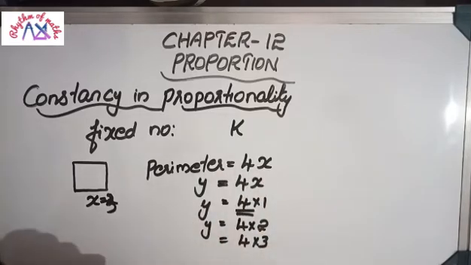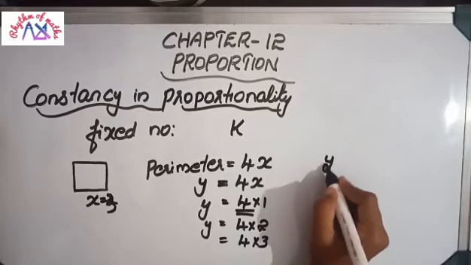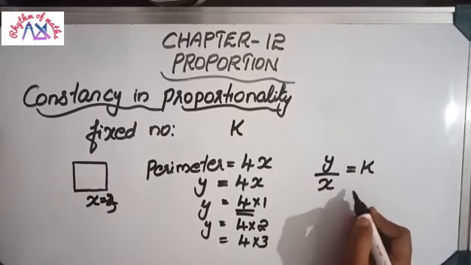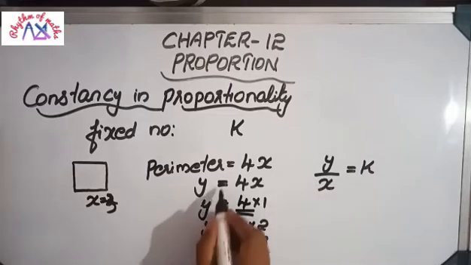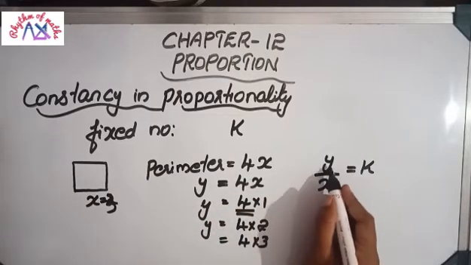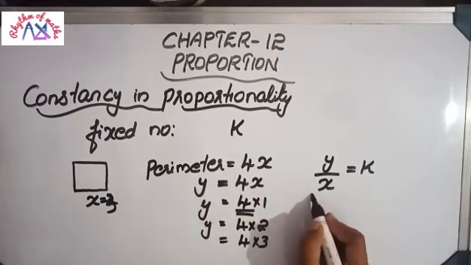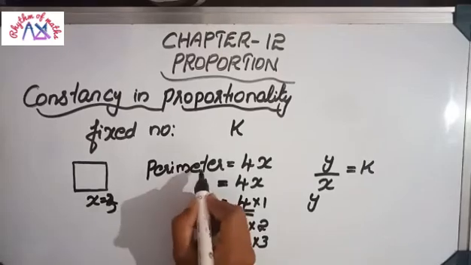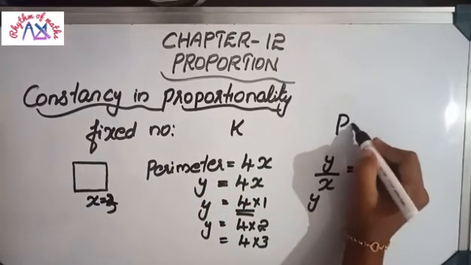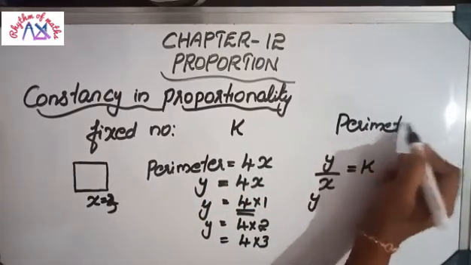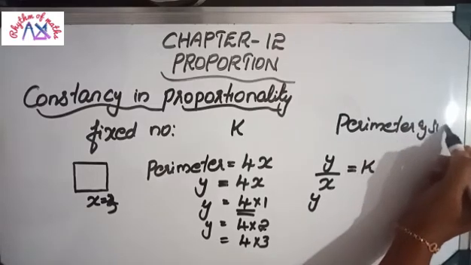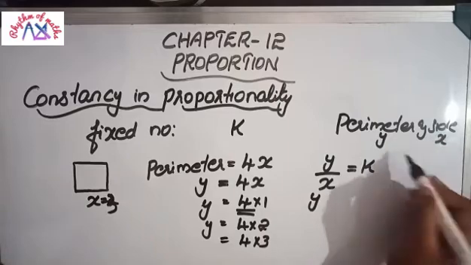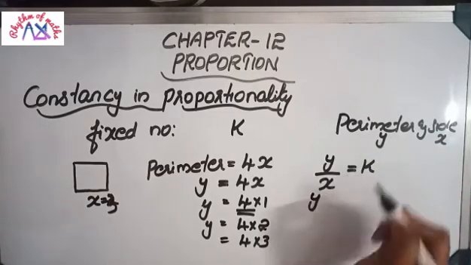That means when we divide perimeter y by x, we must get a fixed quantity. Y is the perimeter and x is the side, and y by x must be a fixed quantity.